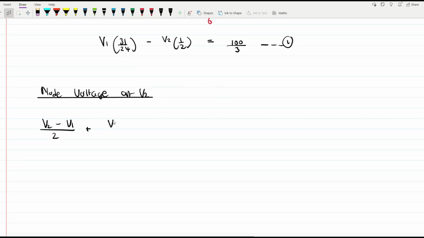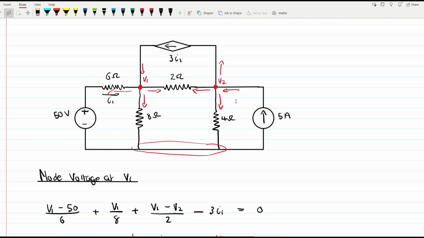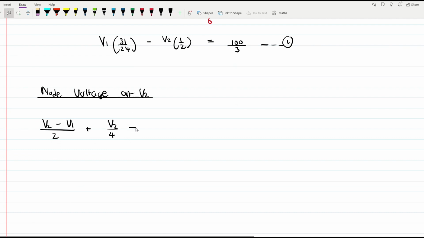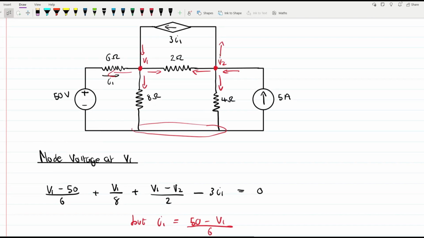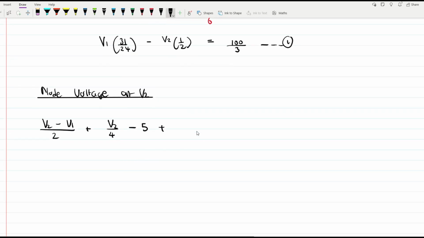So we're going to have V2 divided by 4, and then we have the incoming current, which is minus 5, and then we have the outgoing current, so we have plus 3I1, and all of that is equal to 0.